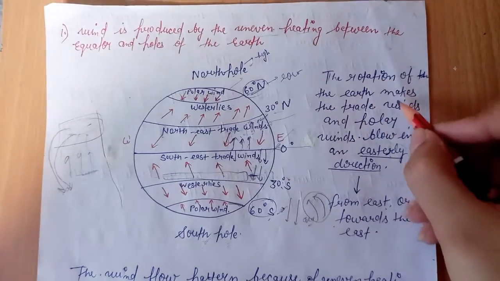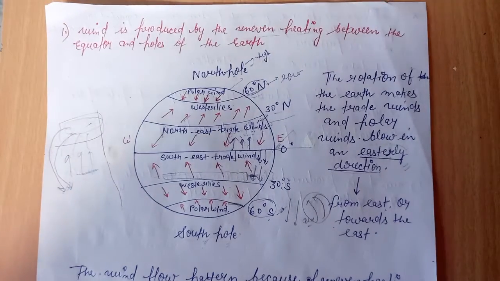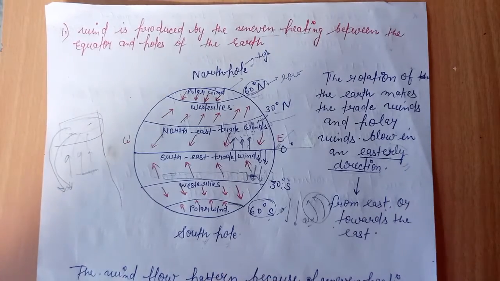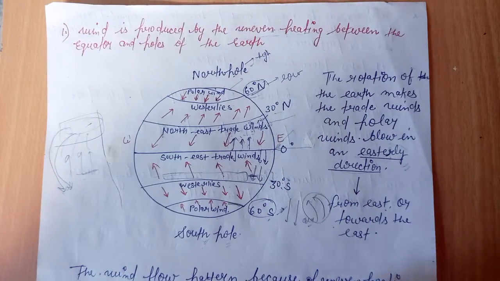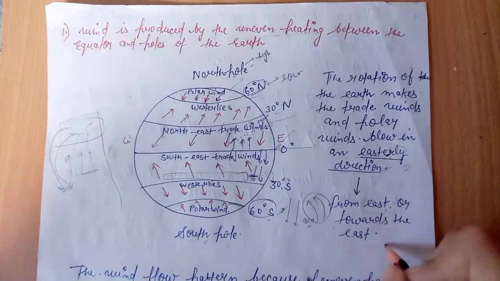The rotation of earth makes the trade winds and polar winds blow in an easterly direction. You know that the earth rotates from west to east, and these winds, trade winds and polar winds, blow in an easterly direction. Easterly direction means from the east or towards the east.